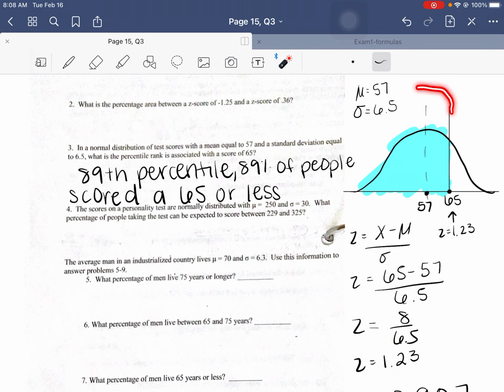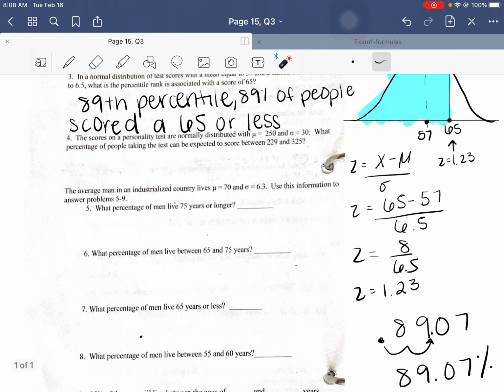I know that we're looking for the percentile, which, when you're defining percentile, is the percentage of people that scored at or below that number. So I'm looking for everything to the left of 65, and I know that that's going to be in the body since that's the larger portion.